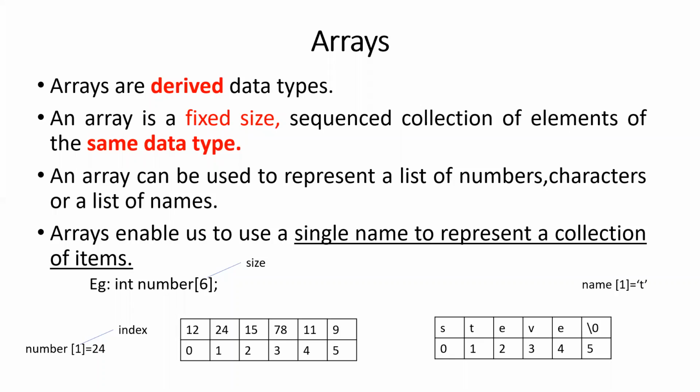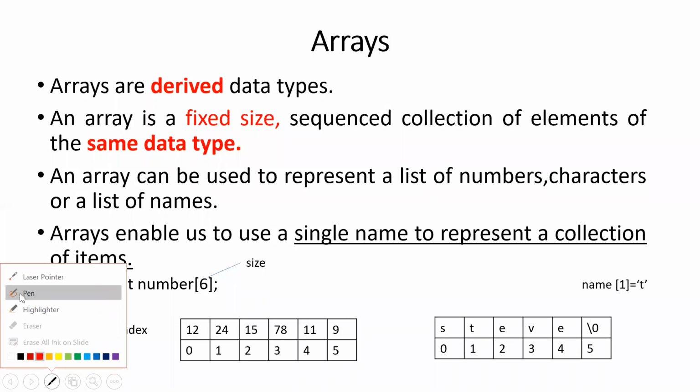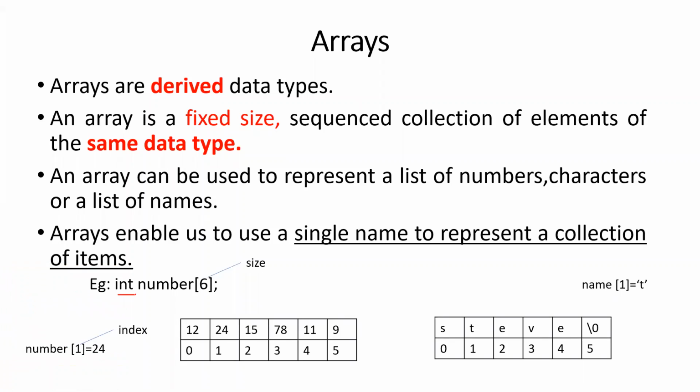We go for arrays because we want to represent a collection of numbers or elements with a single name. Got it? So here I am using a variable name called number, which has a size of 6 and a data type. What is the data type? Integer data type. This is one small example I gave.